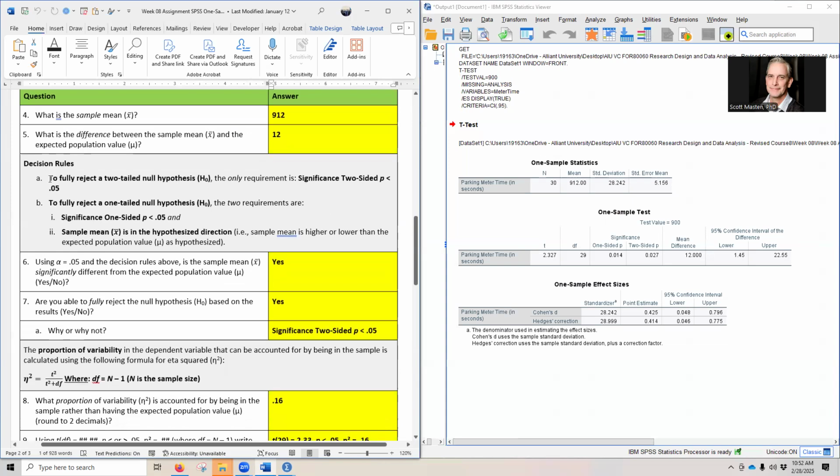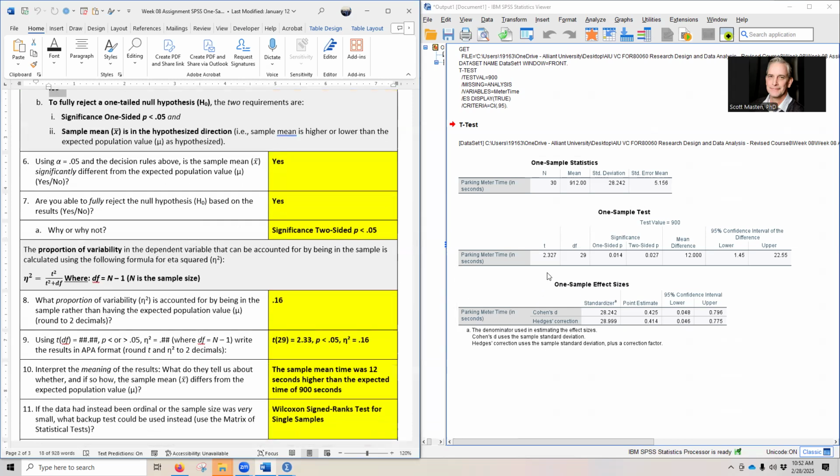To reject a two-tailed hypothesis, all we need is for the t-test to be statistically significant. We're going to use 0.05. Scooting on over, here's our t-value. There's our one-sided p-value; that's not the one we use. We want the two-sided p-value, and it's equal to 0.027. And indeed, that is less than 0.05.